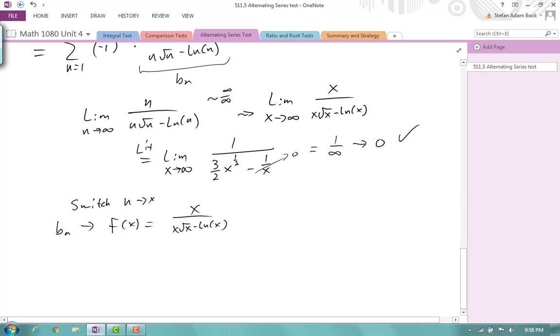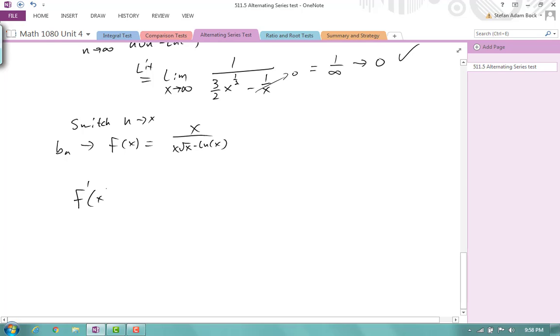Now something that's true, if I take the derivative of this function and find out that the derivative is consistently negative, well, that means my terms in my sequence are likewise going to be decreasing. Because if I have a constantly negative slope, then my function values are consistently decreasing, and therefore the sequence terms will be decreasing.